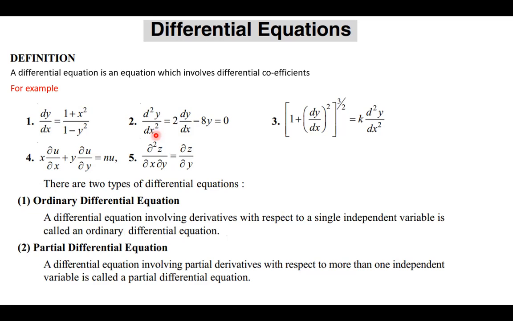So the differential equation which only involves a single independent variable is called an ordinary differential equation, and the one which consists of more than one independent variable is called a partial differential equation.